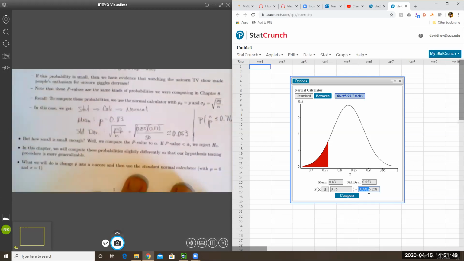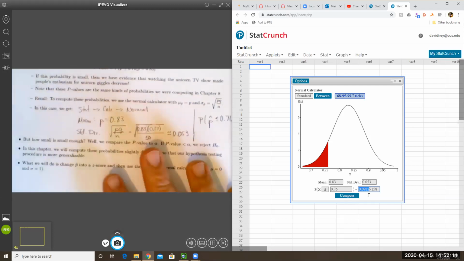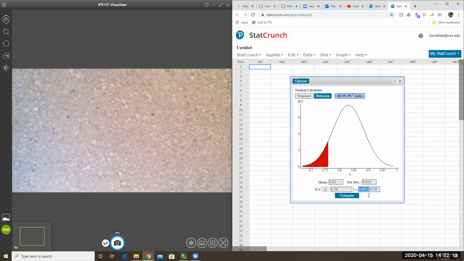So that's sort of the idea. That's the conceptual idea behind p-values and how p-values work, how we compute them, how we interpret them, and all of that. That's not exactly how we're going to compute p-values in the future. In fact, we're going to let StatCrunch do the heavy lifting for us.